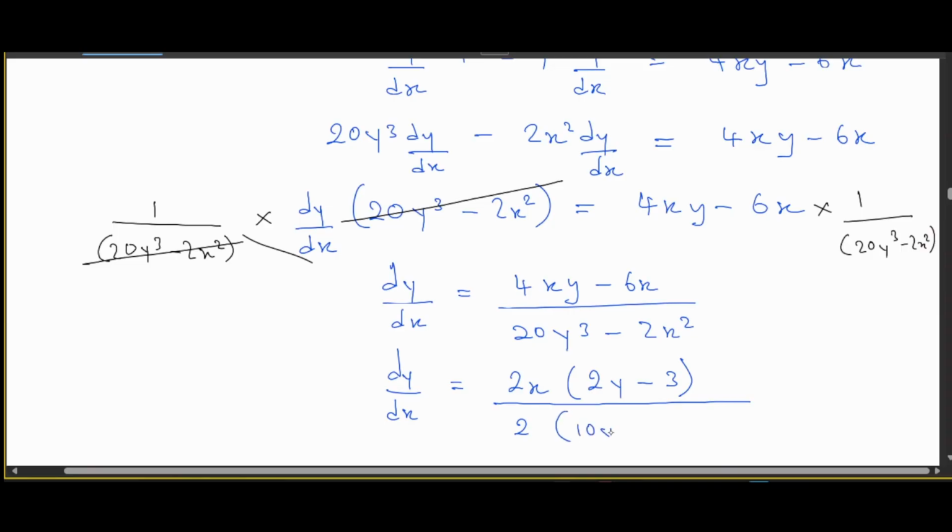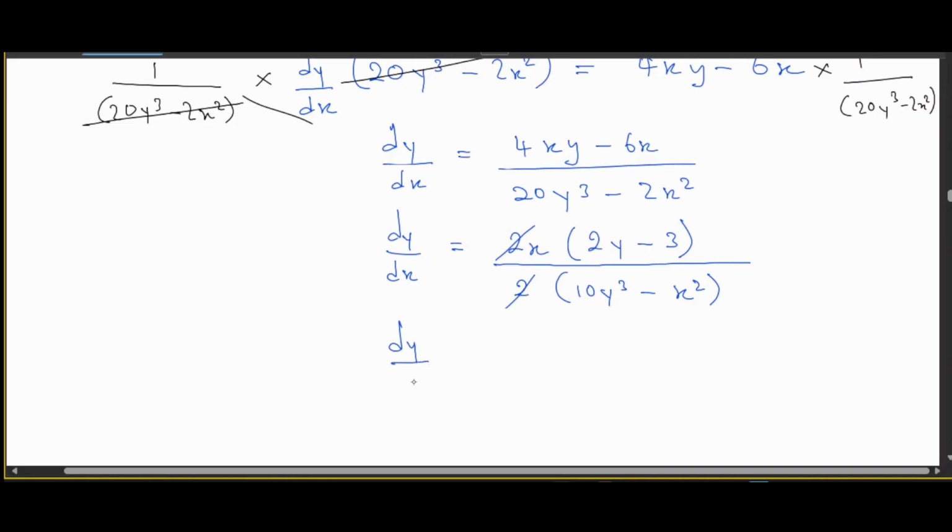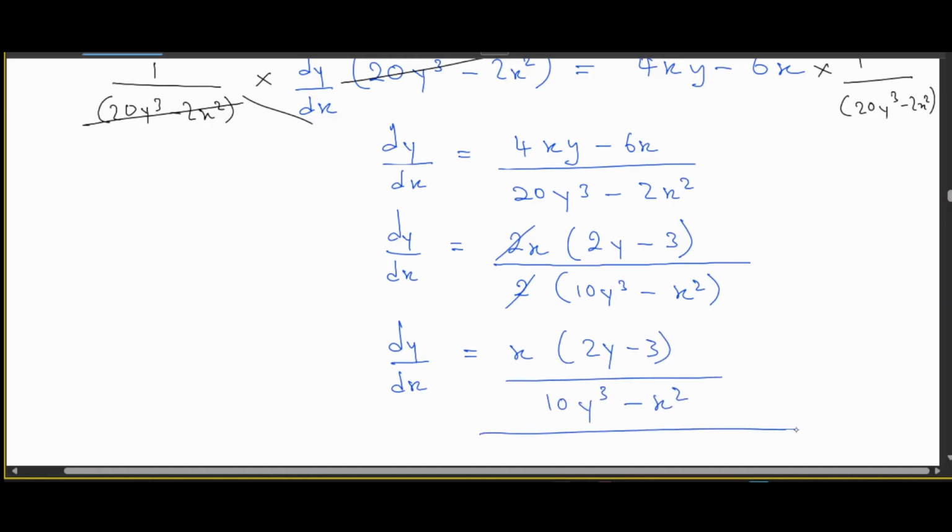Bracket umenge mina 10y cubed minus x squared. Saka hazvichekani zvinhu izvi kunze kwekudai so. Kuroti in a simplified version our answer inge iri dy dx is equals to 2x(2y minus 3) over 10y cubed minus x squared. Zvaoneka here.